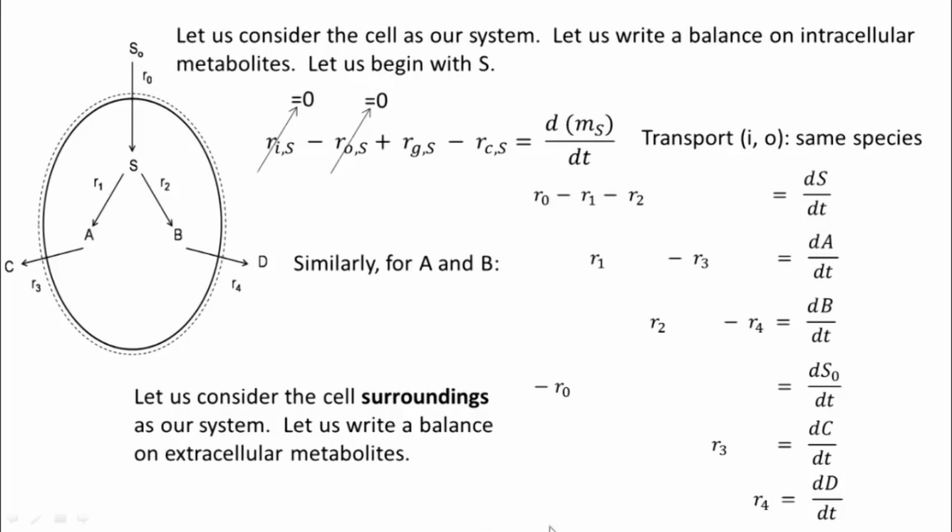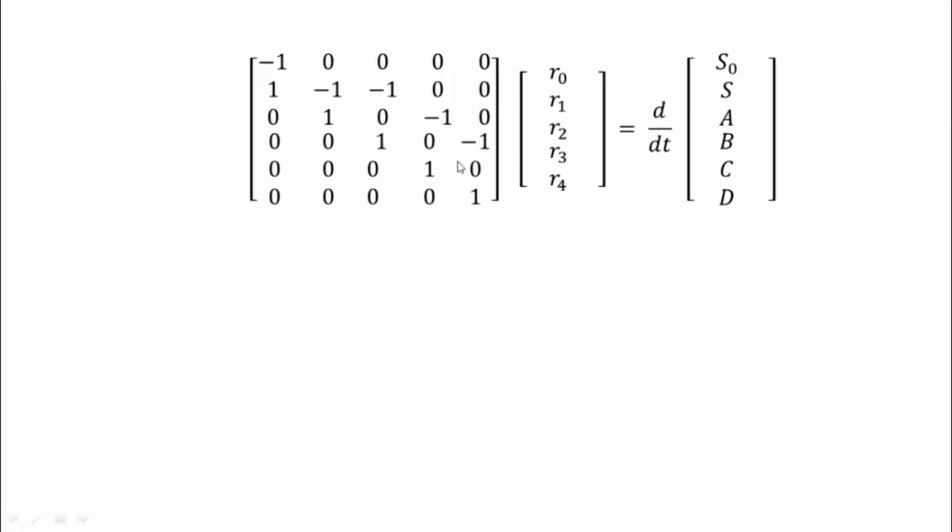So now the reason for me writing it this way is that, can you see a matrix evolving here? I've just lined up R0s, R1s, R2s, R3s and so on. So the set of these equations can be written in a compact form as this. Our first equation, we'll write it in this order: S0, S, A, B, C, D. The way we do matrix multiplication, right?